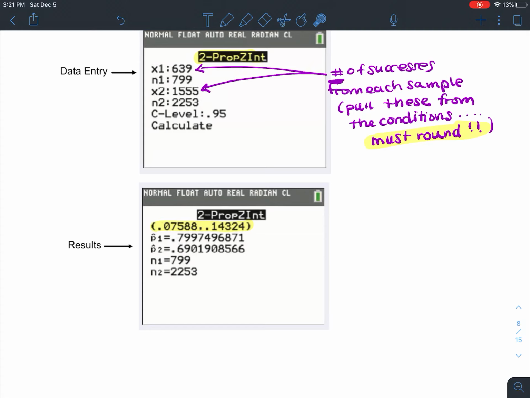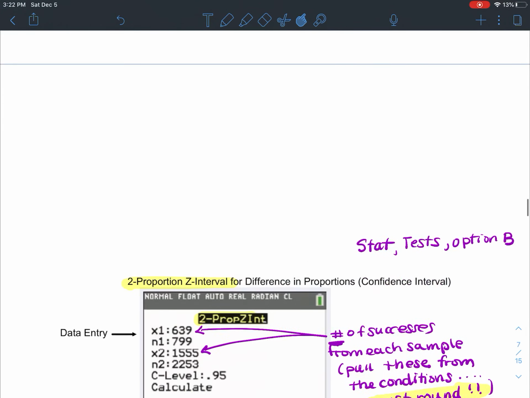What you want to do for the do step, in terms of what work you should show, is report everything that you had to type into your calculator. So that means everything from this screen right here, you should label X1 equals, N1 equals, all of this. Report all of that on your paper and then report what the confidence interval is.